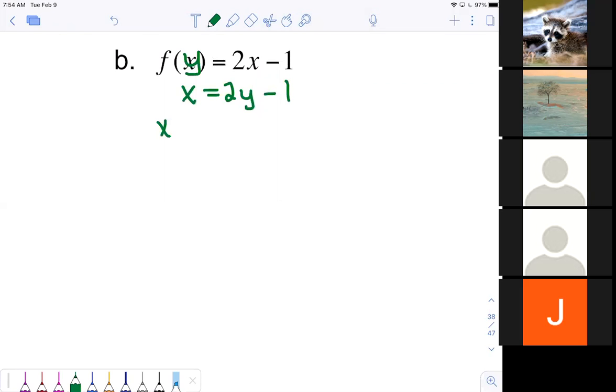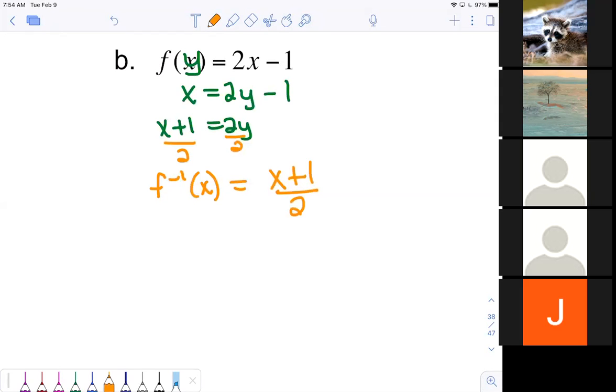So add the 1 and divide both by 2. Make sure you write inverse notation. And I'm just going to keep it as x plus 1 all over 2. If you want to write it as separate, you can do that as well. You could write x over 2 plus 1 over 2. Totally up to you. I think sometimes it's just easier leaving it as a combined fraction.